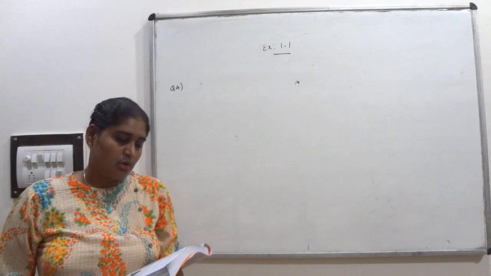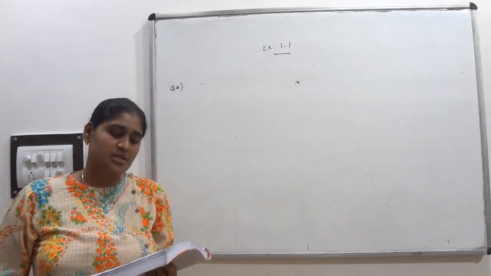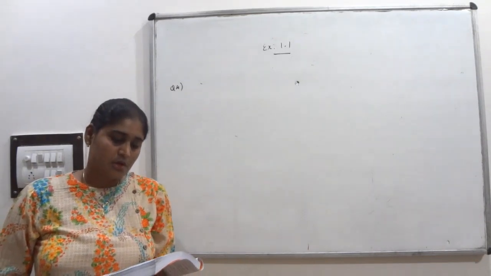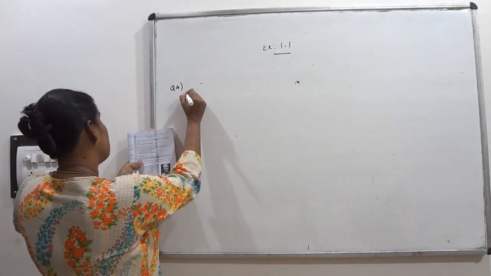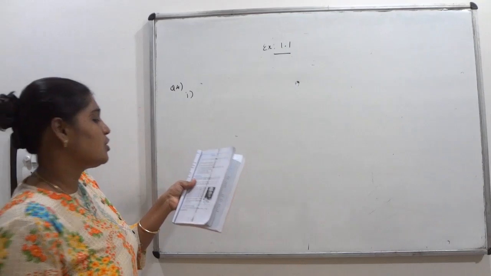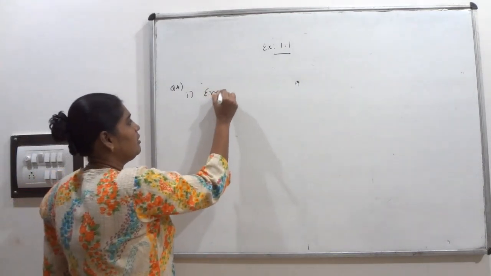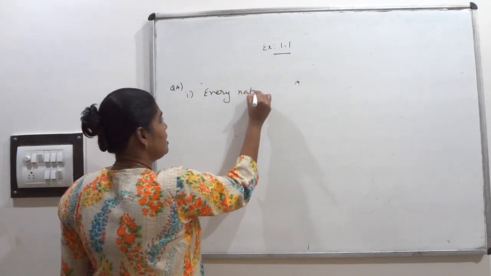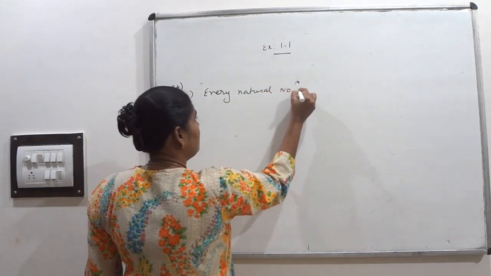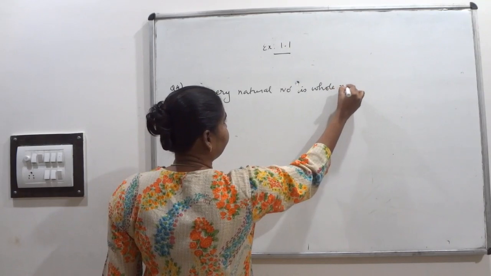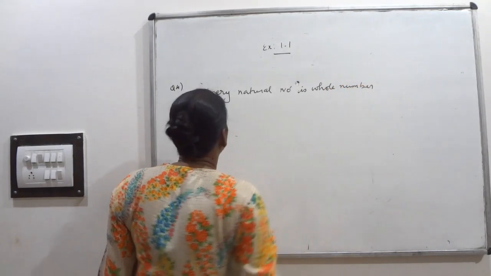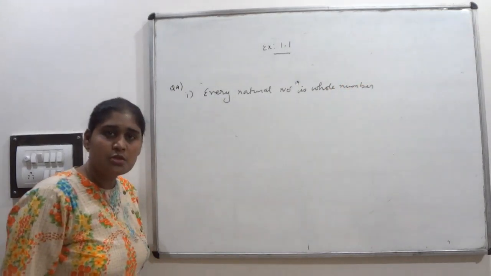Question number 4. State whether the following statements are true or false. Give reasons for your answers. First one. Every natural number is a whole number.